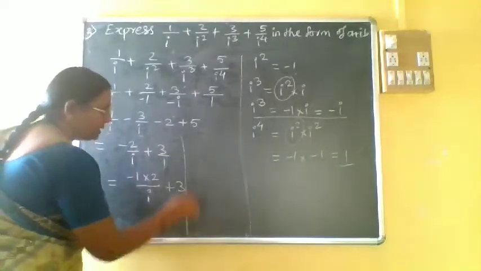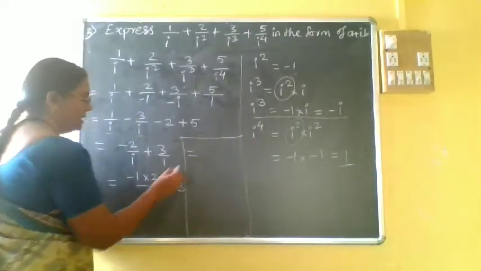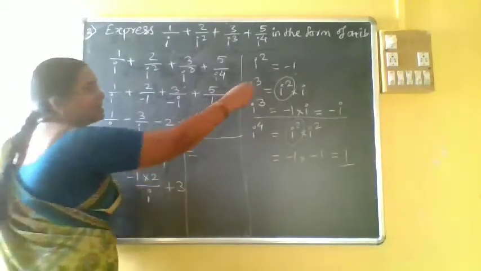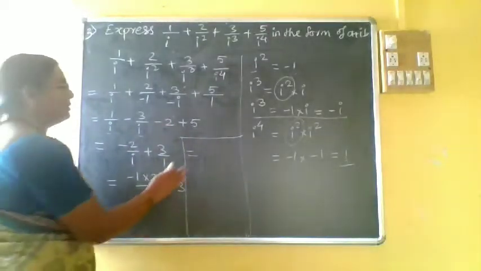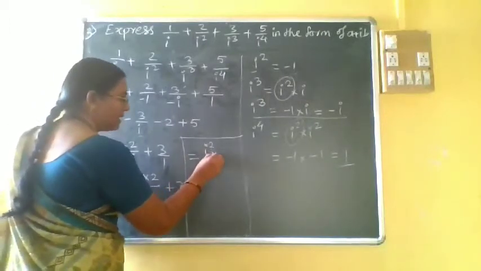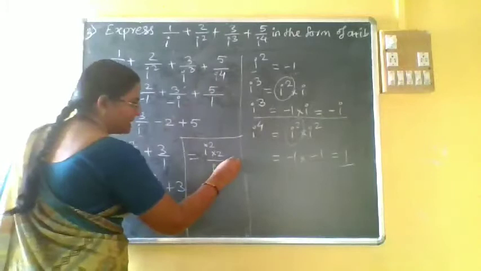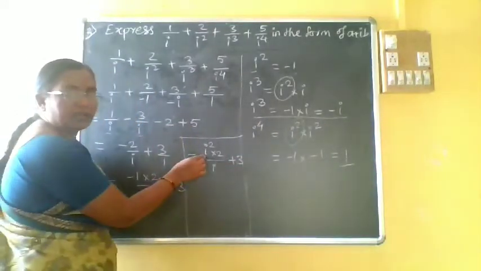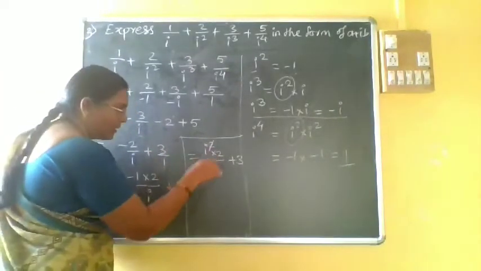The value of minus 1 is also i square. We write this minus 1 as i square, into 2 divided by i, and this plus 3 as it is. From the numerator, this becomes i square and this becomes i here, then we cancel.